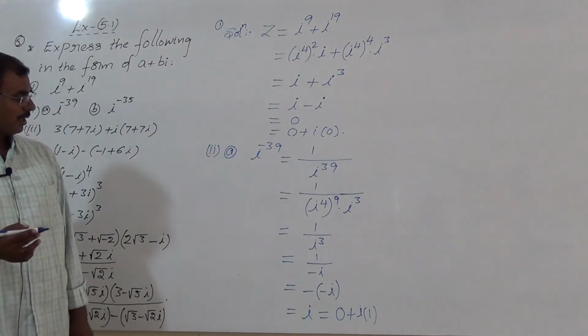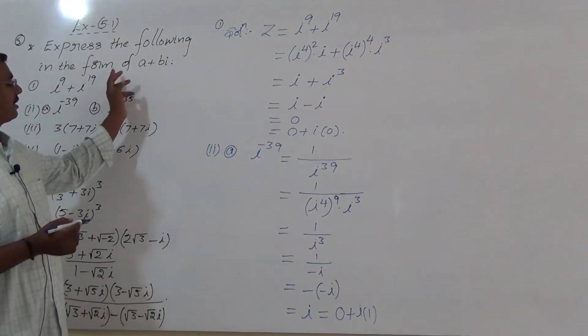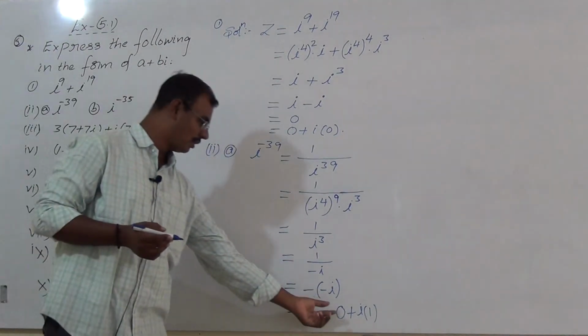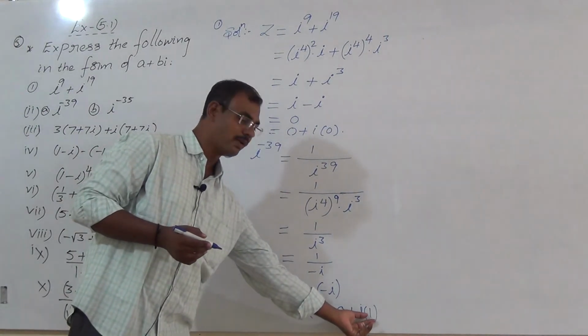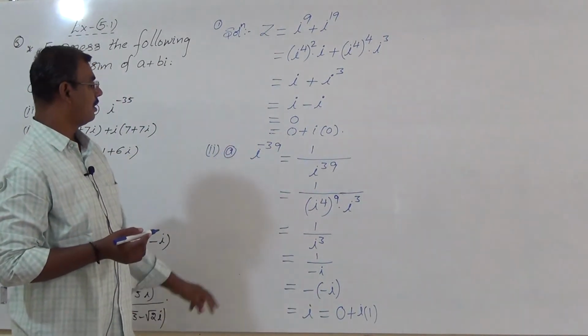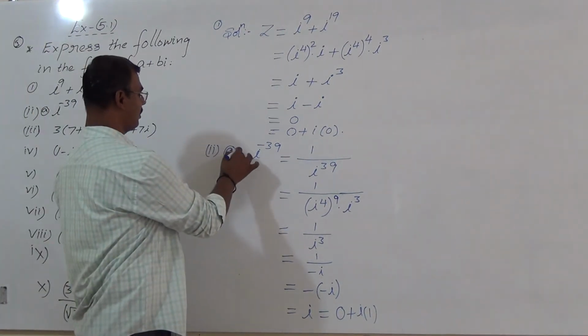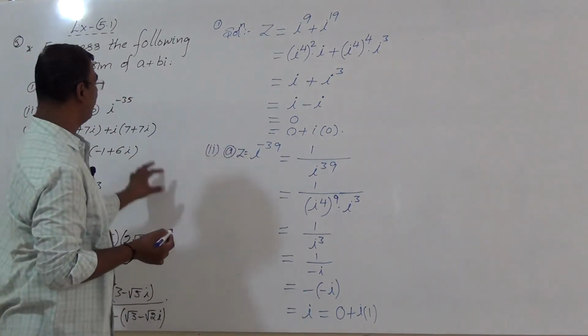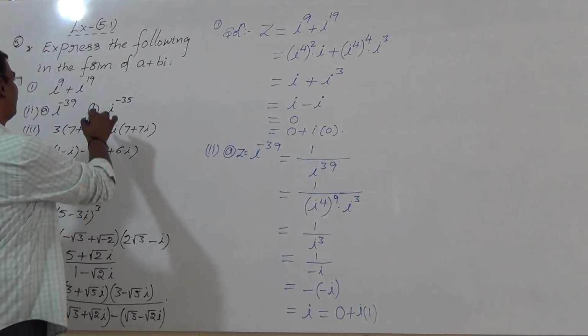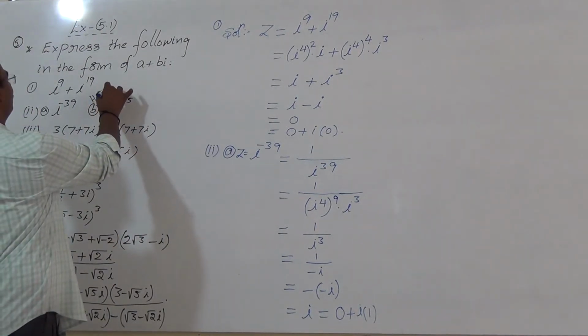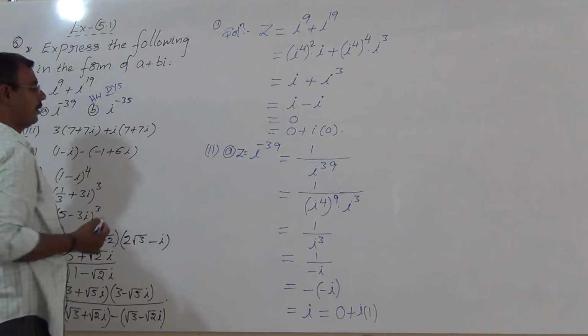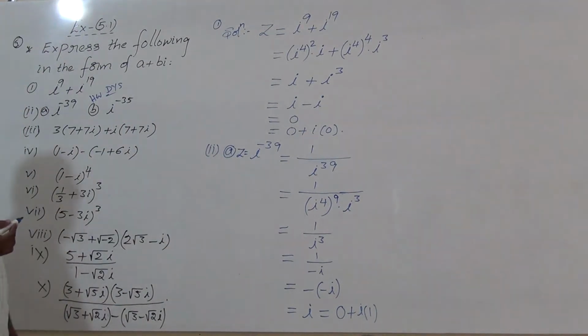Now we observe what is in the form of a plus iota b. Yes, 0 is the real part, 1 is the imaginary part of the number z. So this is the procedure. Similarly, you find out the second bit yourself. This is the homework problem, same model problem.